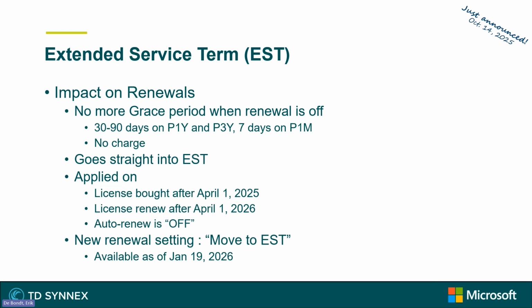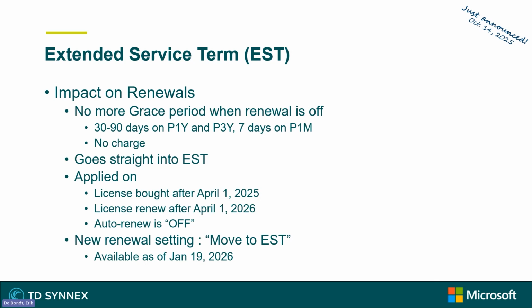As of the 1st of April, no grace period. Automatically, if the renewal is off, you go to EST. You will go to the license with the 23% price increase. When? If your license is bought after April the 1st, 2025, and it's renewed after April the 1st, 2026.